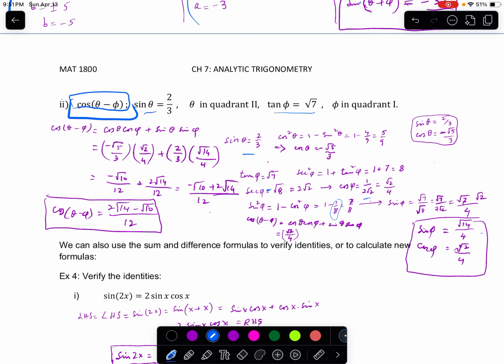identity, one of the Pythagorean identities.